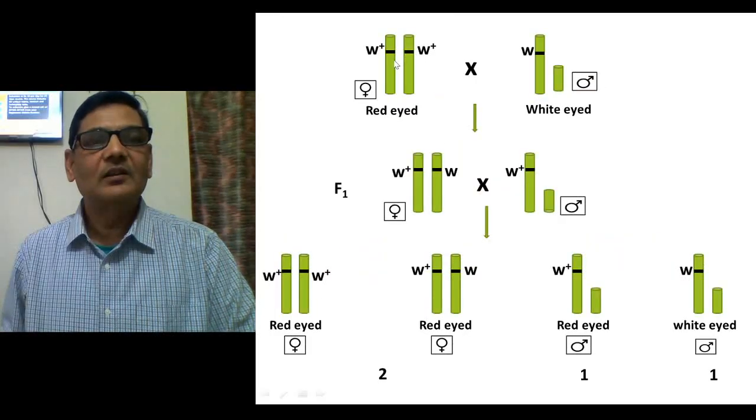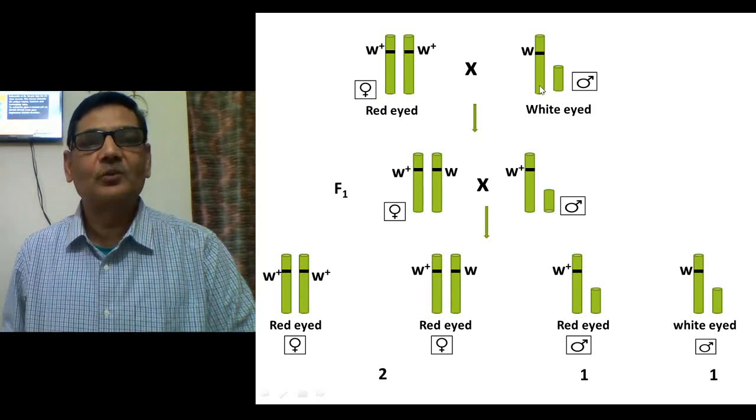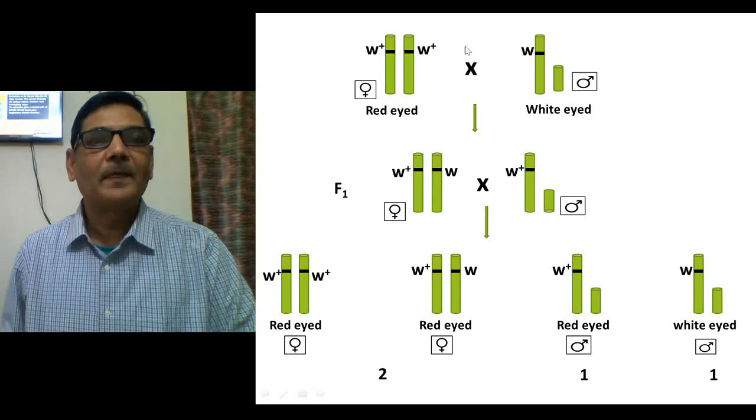In this diagram, these two vertical lines which are equal in size show the X chromosome. A female fly will be XX type, a male fly will be XY type. So here two X chromosomes are shown, and in the case of the male, one X chromosome and the other Y chromosome, which is quite short in size, is shown. So the male is XY.